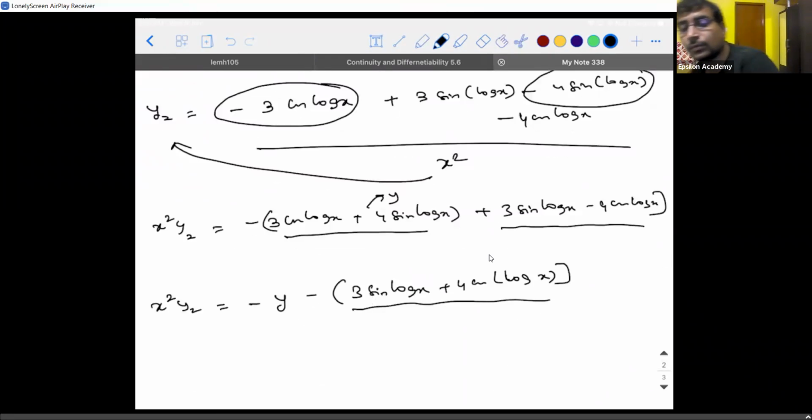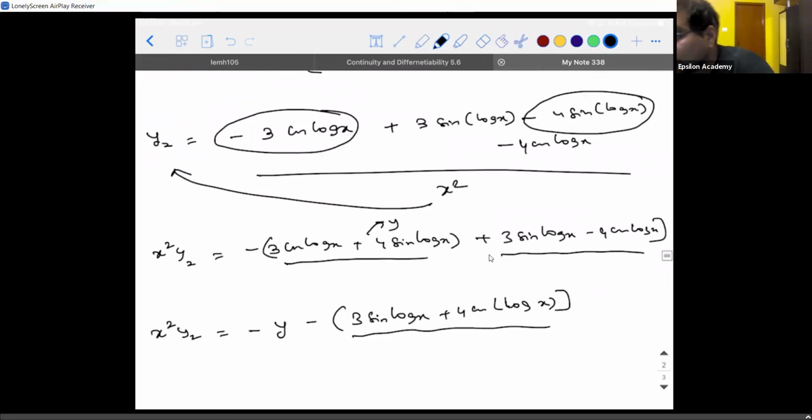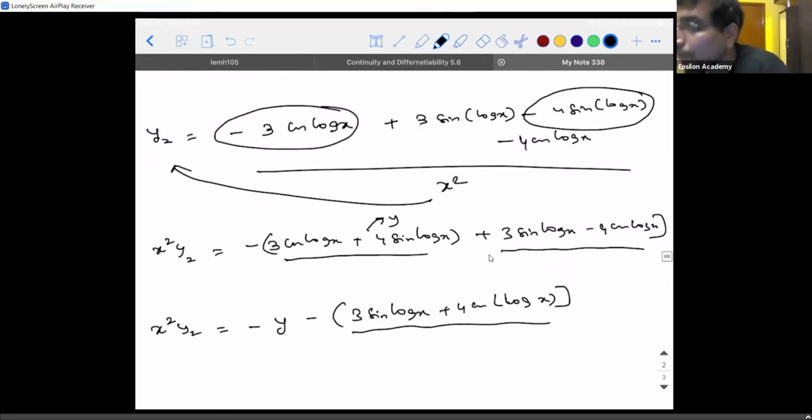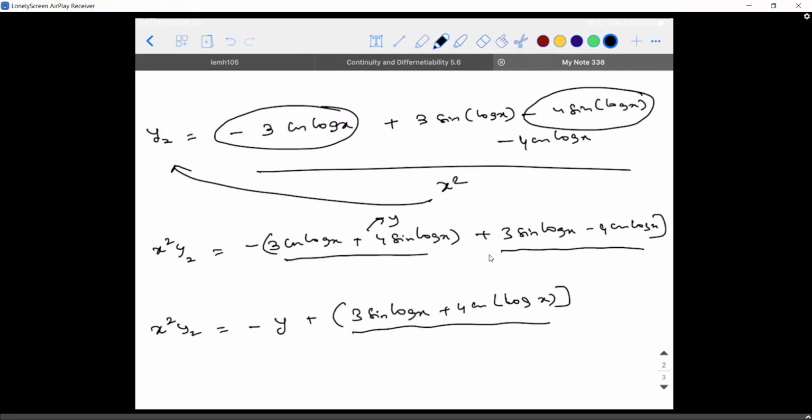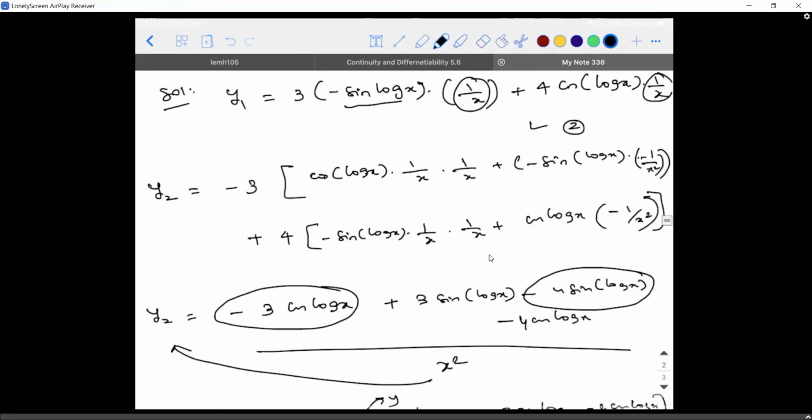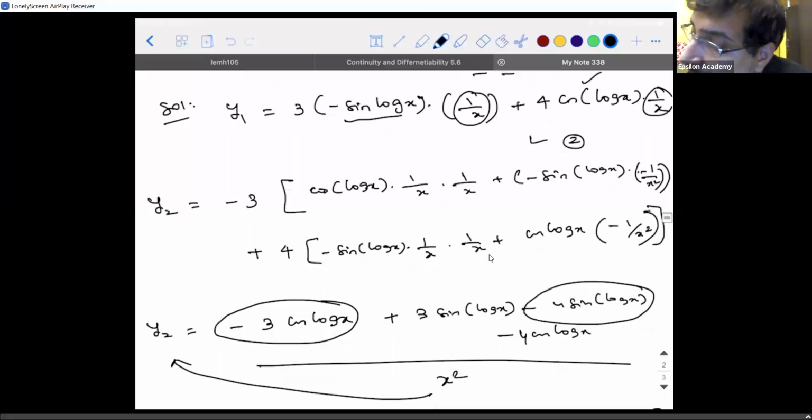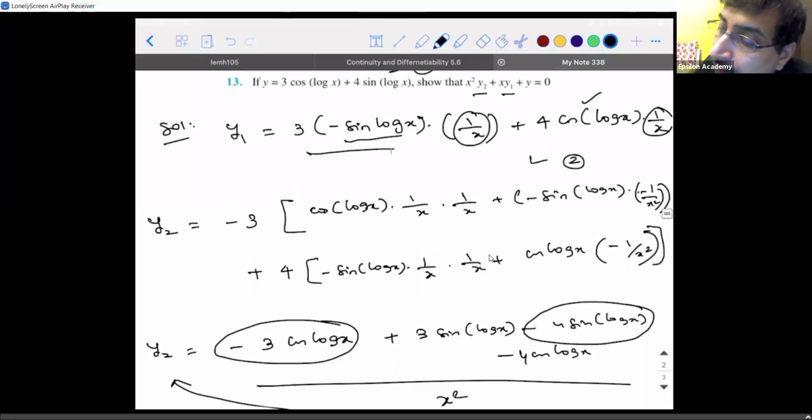Can someone tell me? Actually, it is plus only. Minus, plus 3 sin log x. Sorry? So, if I take LCM here, then this is nothing but minus 3 sin of log x plus 4 cos of log x, the whole divided by x, which is equal to y1.